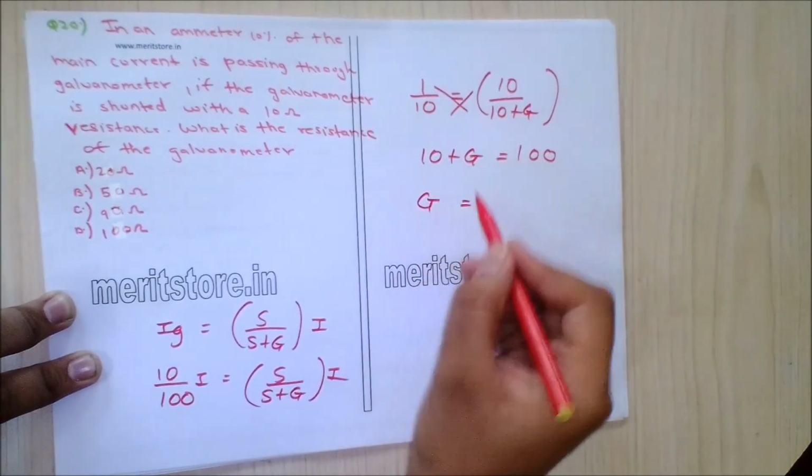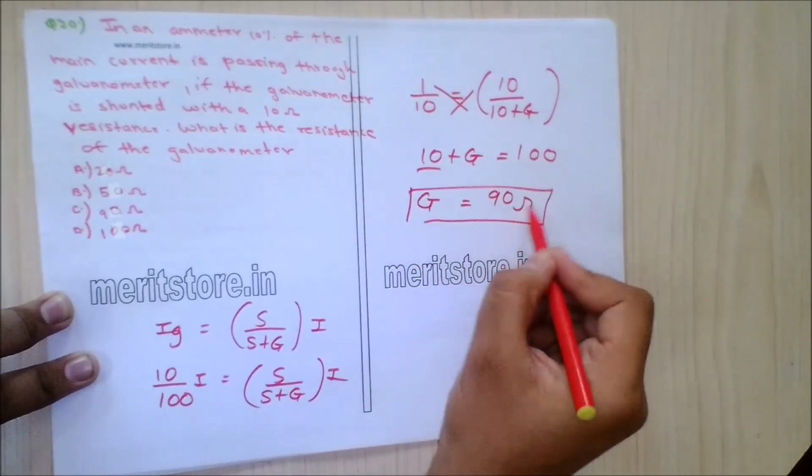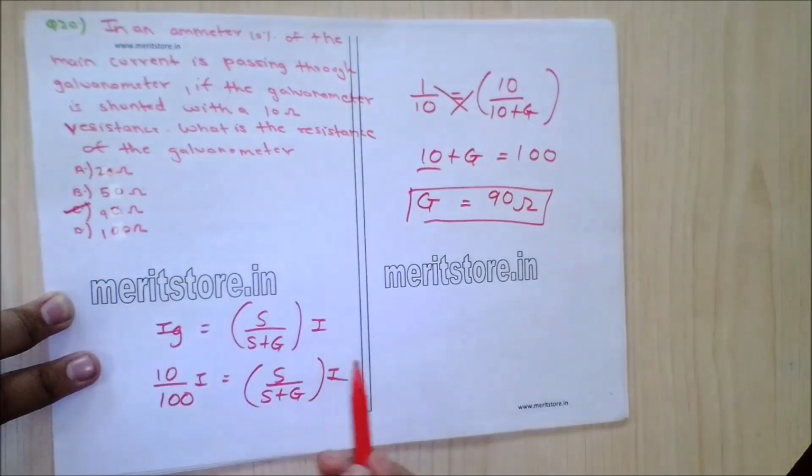The value for G, what we get is 10 will go that side and become minus. So 100 minus 10 is 90. So value for galvanometer is 90 ohms. So option C is the correct answer.